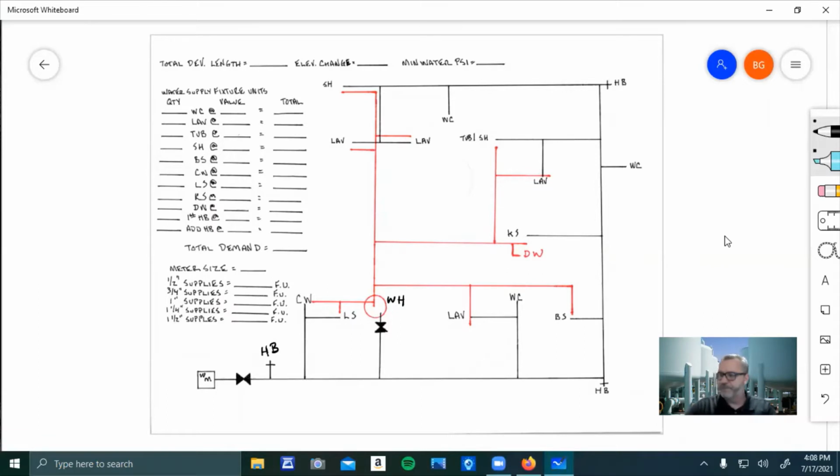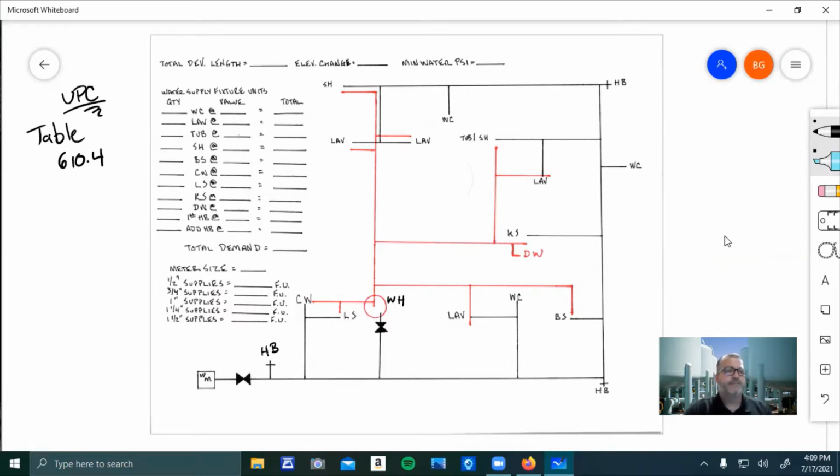Water sizing really is contingent on the available pressure and the distance of your pipe. We size everything off of table 610.4 in the Uniform Plumbing Code, by the way. Everything I do is off of the UPC, not the International Plumbing Code.